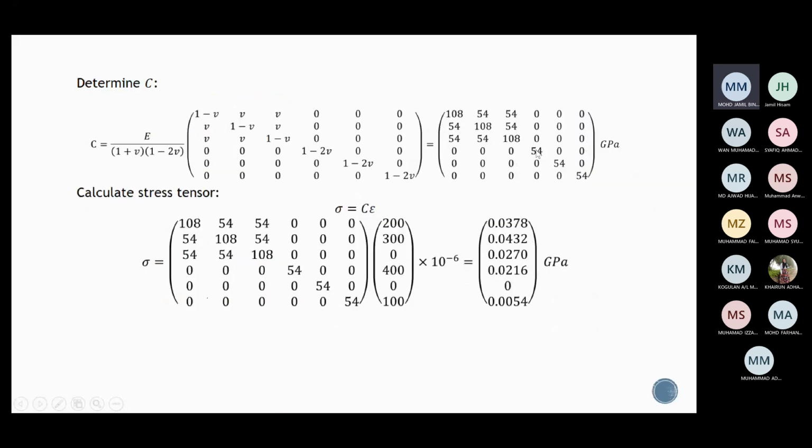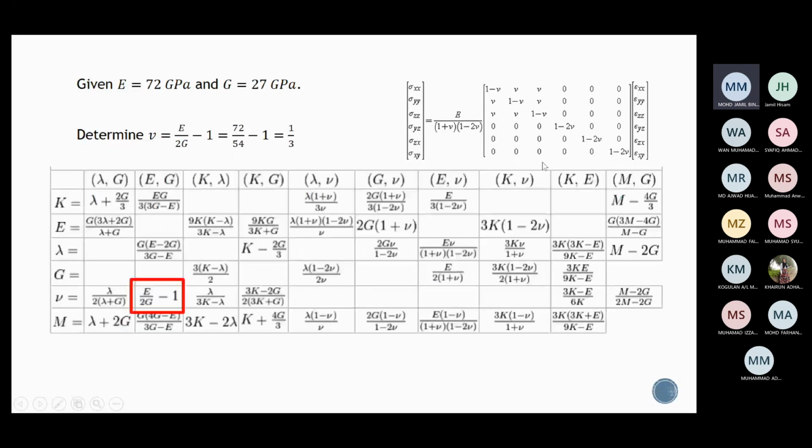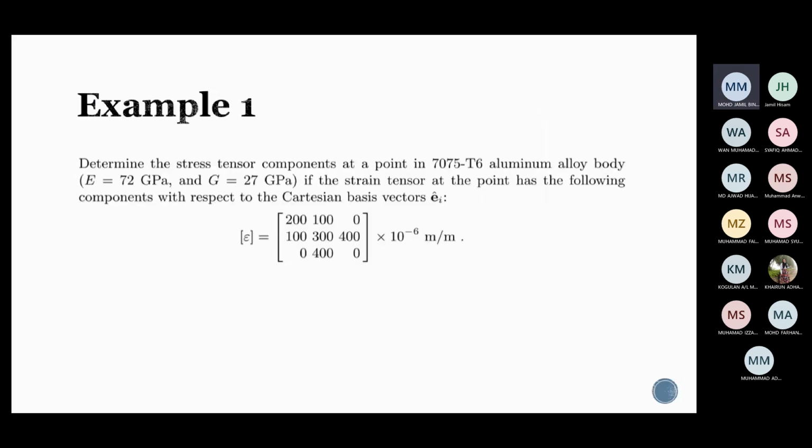So firstly, what you need to do is arrange your strain into a one dimensional array. Your strain just now is in a 3 by 3 matrix, so you need to arrange them in a 1 by 6 matrix.